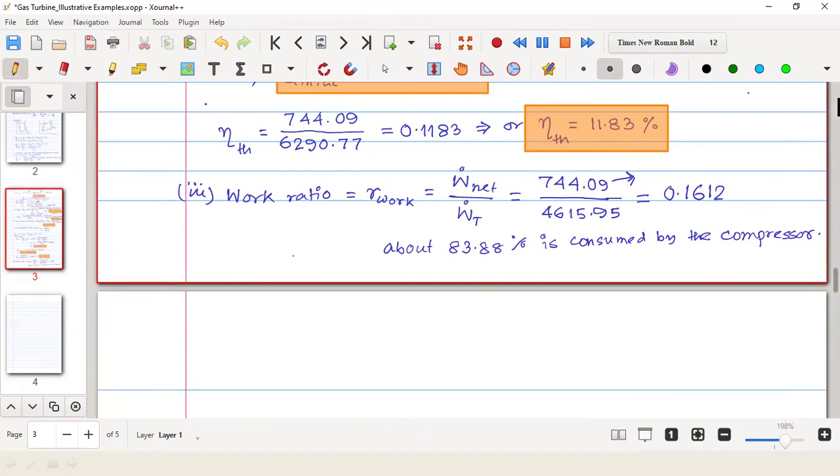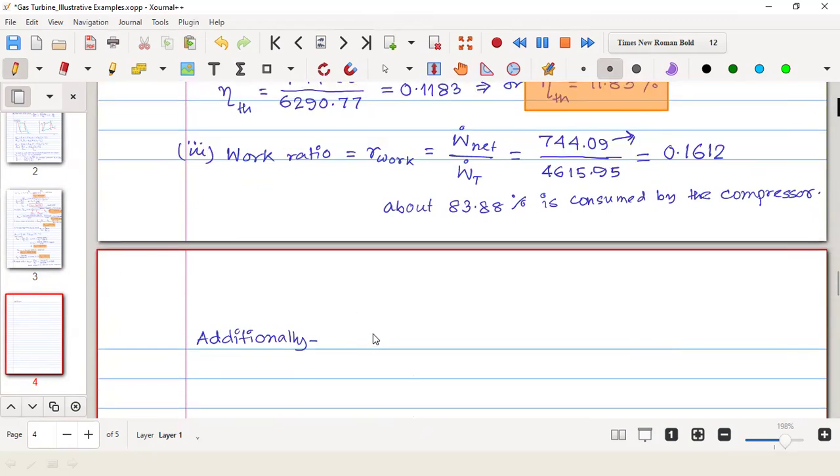So if we want to do that, then it is additionally done. So the reversible or the ideal cycle thermal efficiency, if we want to determine.